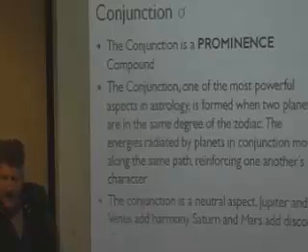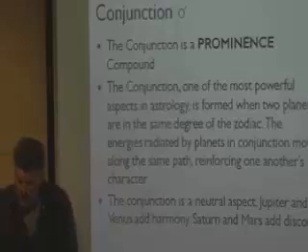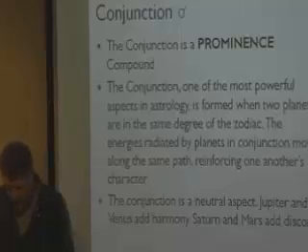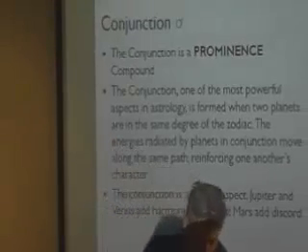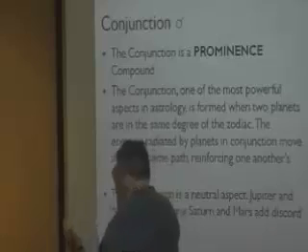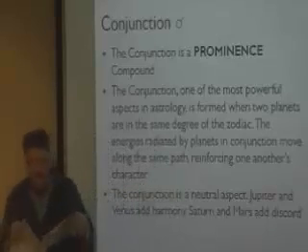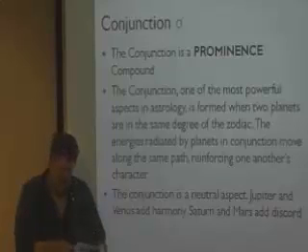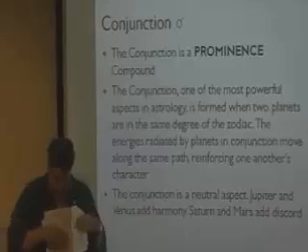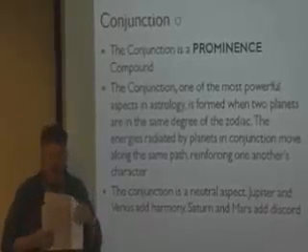Now, we were talking about orbs. Conjunctions and oppositions have the widest orbs. Just so you all can become really conversant with orbs, in your handouts, there is on sheet number 3 an orb table.